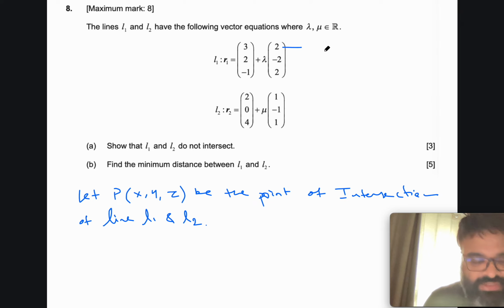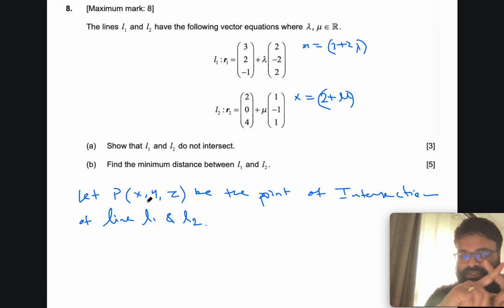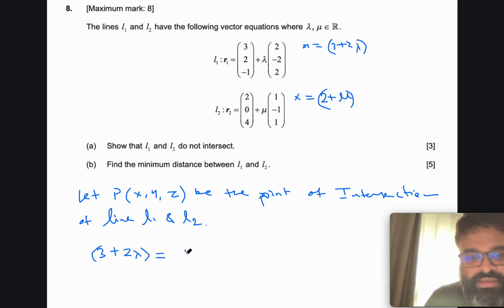Let me write it down here. x is 3 plus 2 lambda, and the x here is 2 plus mu, right? They have to be equal, because that's when the point will be an intersection, the point common to both lines. So I will equate 3 plus 2 lambda with 2 plus mu.